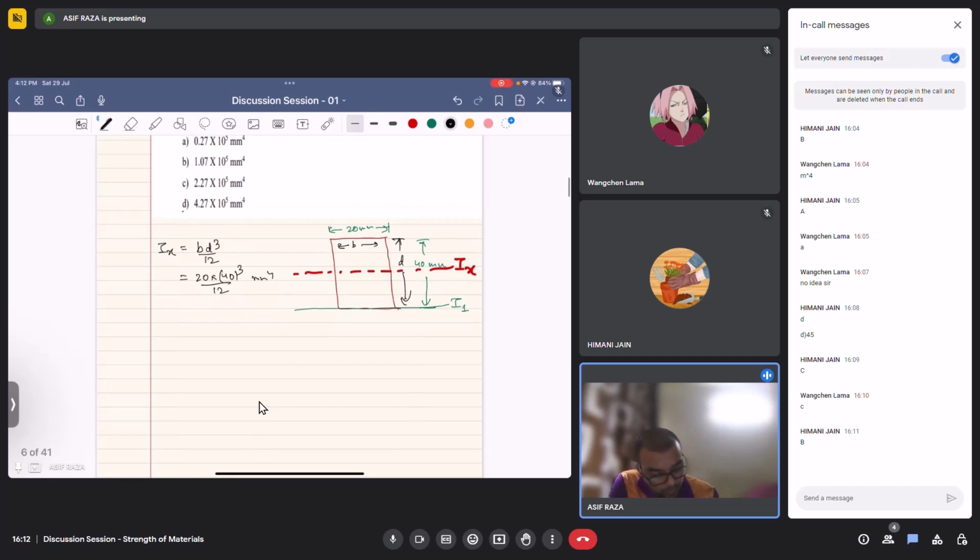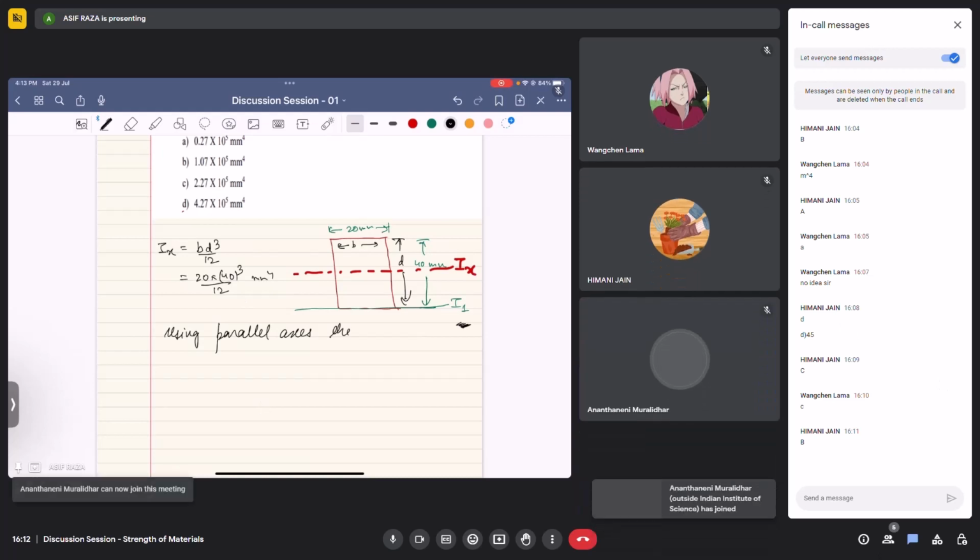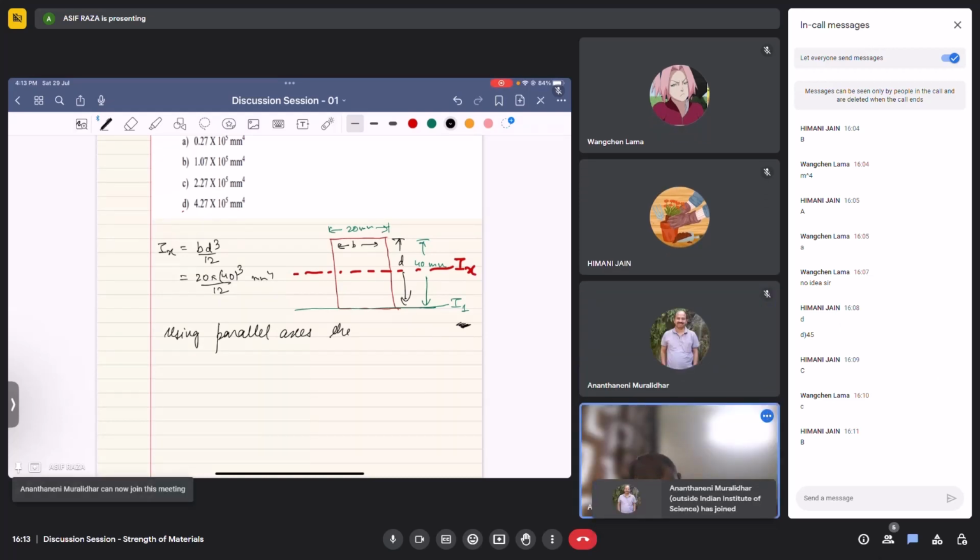Now we need to find I1. Okay. So using the parallel axis theorem, I1 would be equal to Ix plus area times whatever this distance is squared.